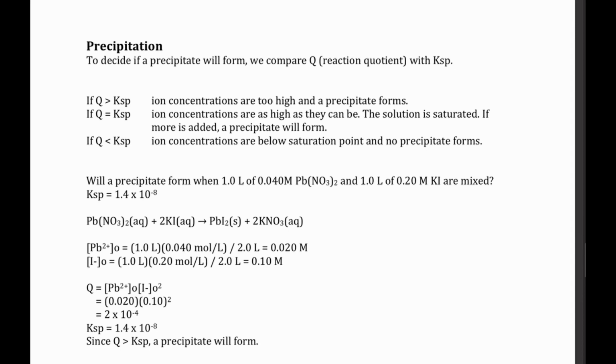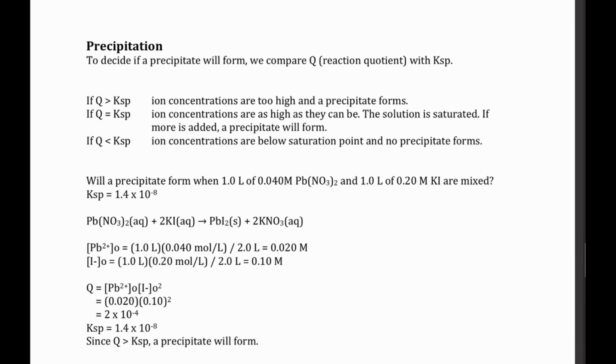Write out that solubility reaction. And what we do to decide if a precipitate forms on addition of reactants, we would think of that KSP reaction, and we would calculate a Q, and we would compare Q with KSP.